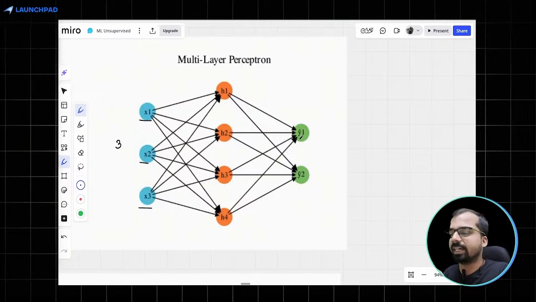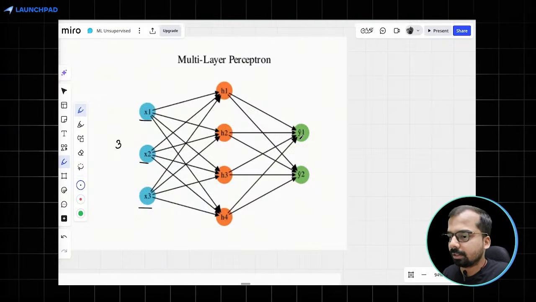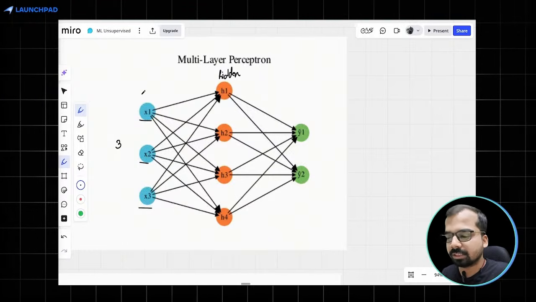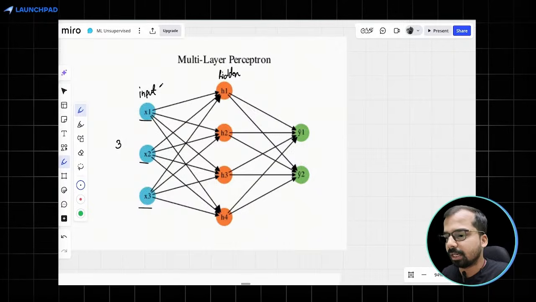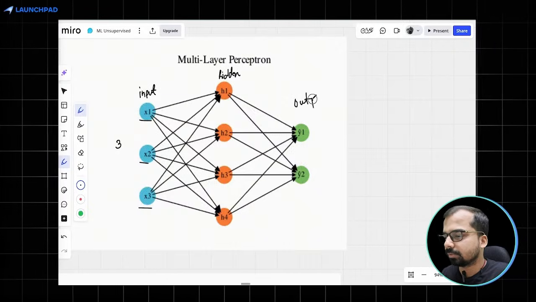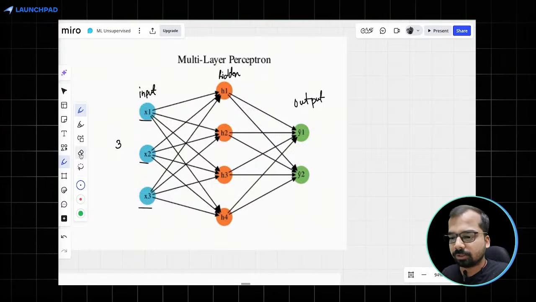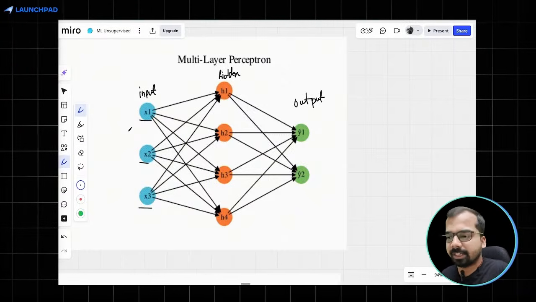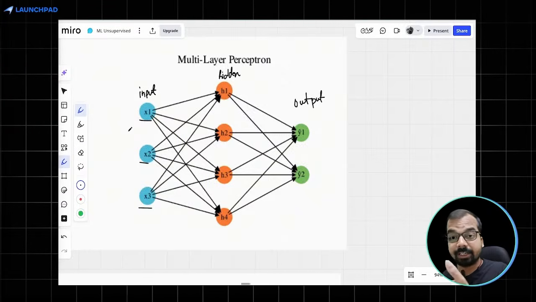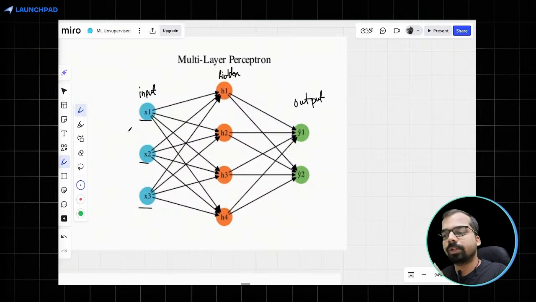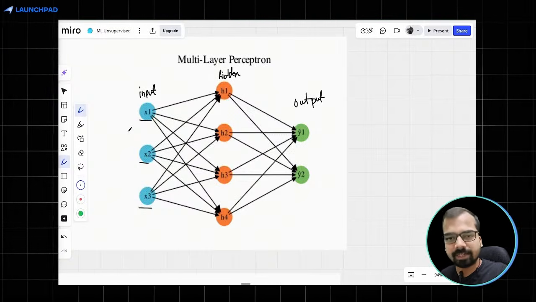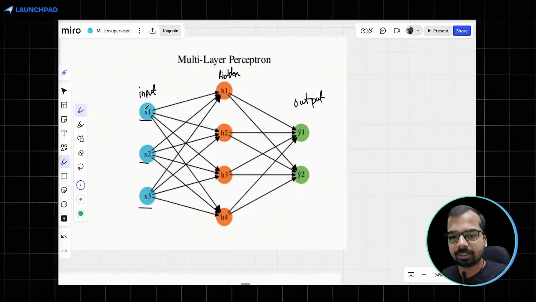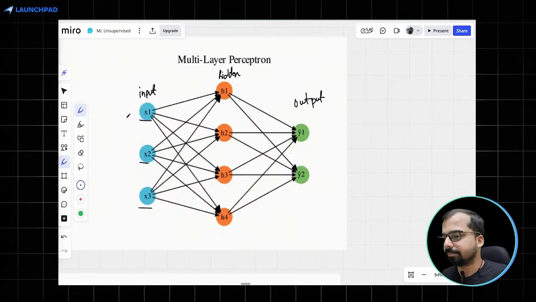However many classes you have, that many nodes you will have in the final layer. In the input layer, if you had 10 inputs, 10 columns in your data frame for example, then you would have 10 nodes, not 10 neurons. No calculation happens here. This is only demonstrating the input.